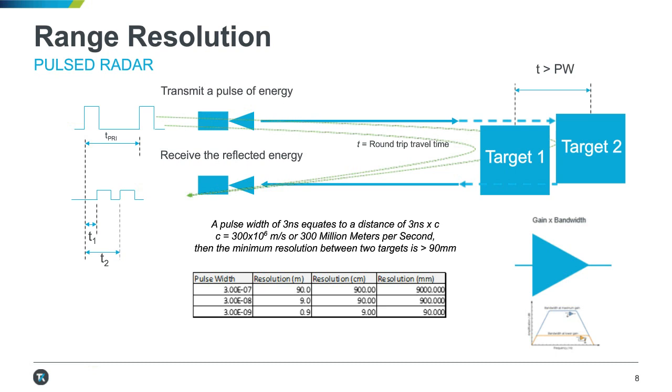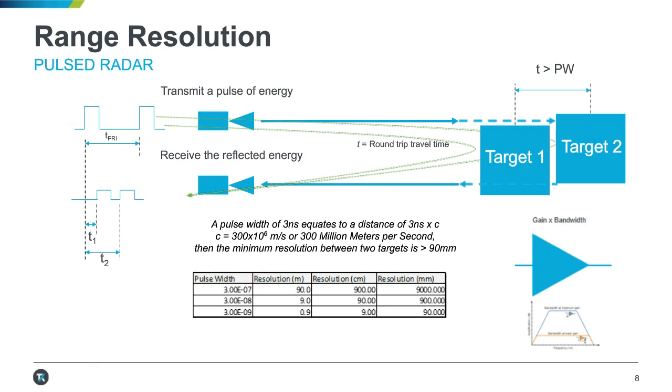If we have 2 targets together, and we transmit a wide pulse of energy, the likelihood of discriminating that there are 2 targets is pretty low. So to spot the 2 targets, you really need a narrow pulse width.